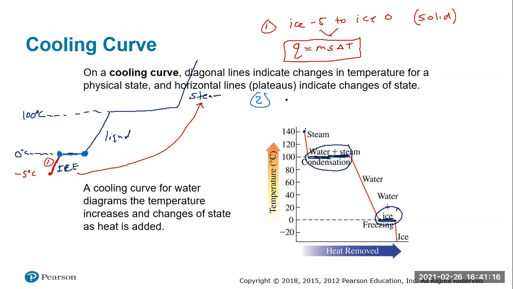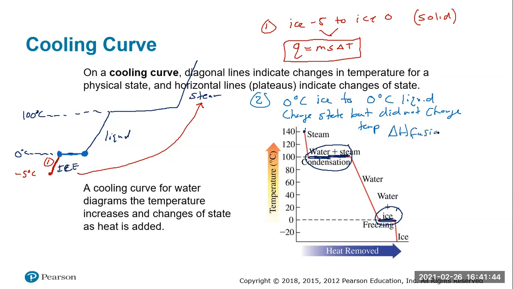Here we changed the state, but we did not change the temperature. So what we're doing here is basically the heat of fusion. So we would do a heat of fusion calculation for the second part here.